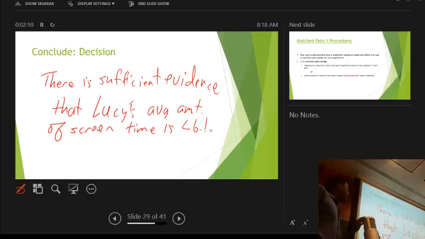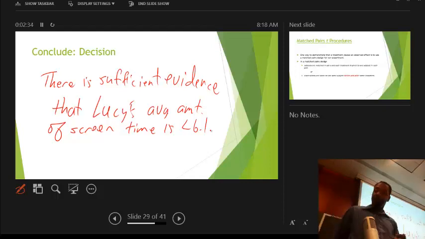So if you reject the hypothesis, then you're going to say you have sufficient evidence to make some kind of decision, and then go back to the very beginning question that was asked. The question dealt with, does Lucy have significantly less screen time than the average person her age? In this case, the answer is yes, we can make that conclusion about our dear friend Lucy.